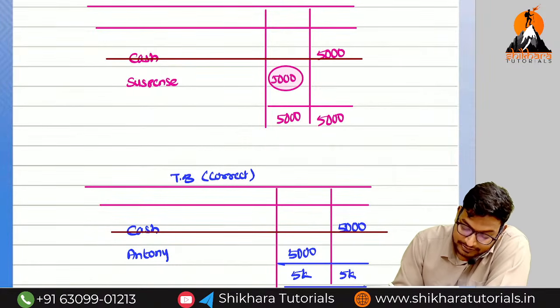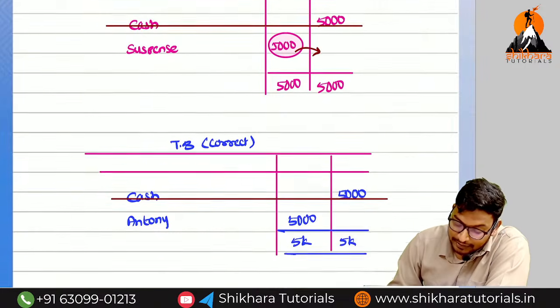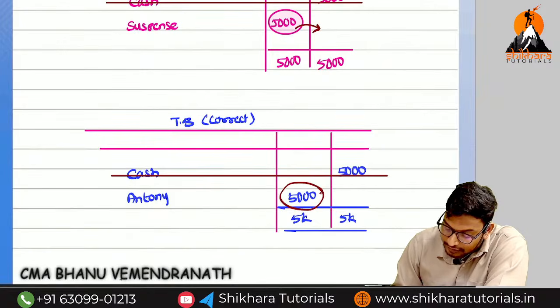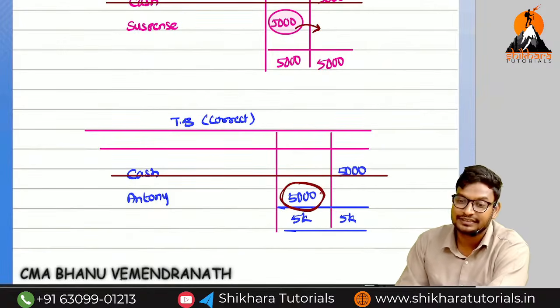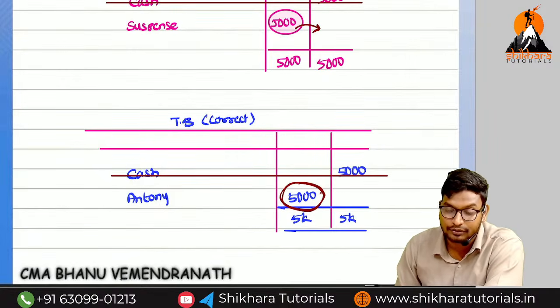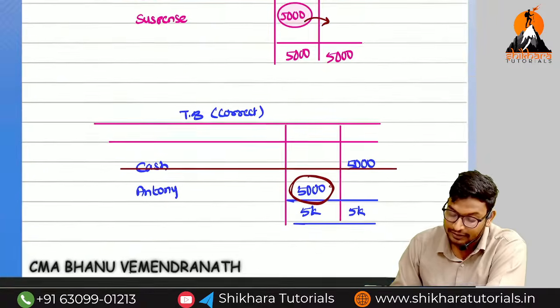So for the cancellation of suspense, which side do we need to record? Credit side. And in the place of suspense, what do you need to record? You need to record Anthony, because this is the correct one, on the same side. What is the entry you are going to get, ma? Simple.